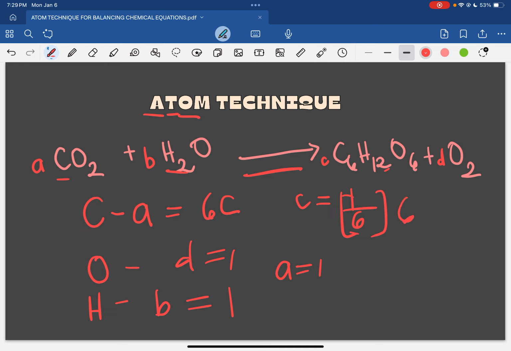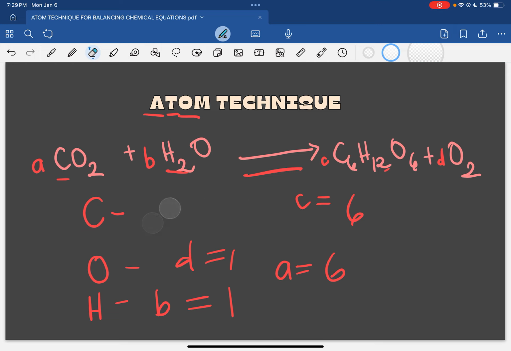If we multiply this by 6, we're going to get the value of C as 6. If you multiply the value of A by 6, we're going to get the value of A as 6. Or if you multiply the value of D by 6, you will get the answer 6, and so on and so forth.